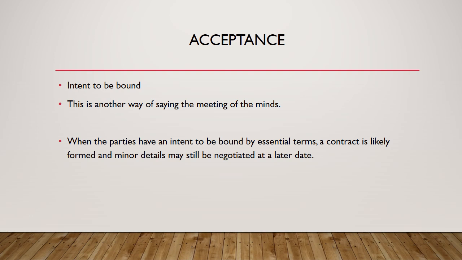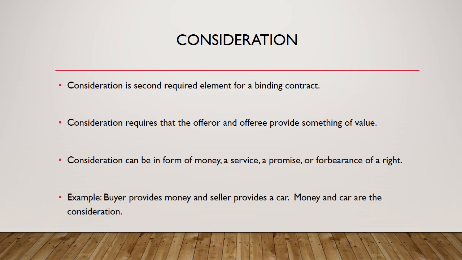When there is this intention to be bound to these essential terms by both the offeror and the offeree, then a contract is formed. Even if there are some minor details that still need to be negotiated at a later date, there would be a binding contract as to the essential terms. So that's the first requirement, the meeting of the minds, the offer, the acceptance.